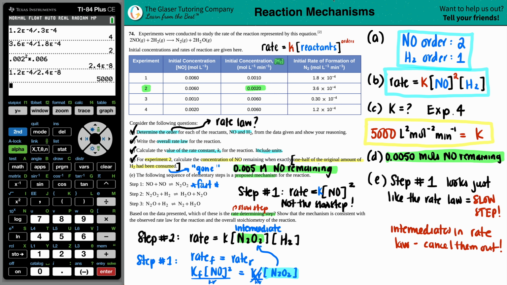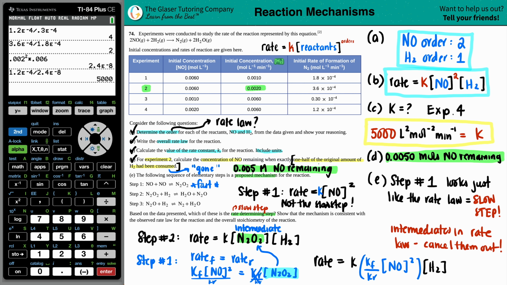Now if I plug this into my step 2, I have rate equals a K value times all of the N2O2 from step number 1. So this would be a KF over a KR, but now it's times NO squared. And then keep going, times H2.